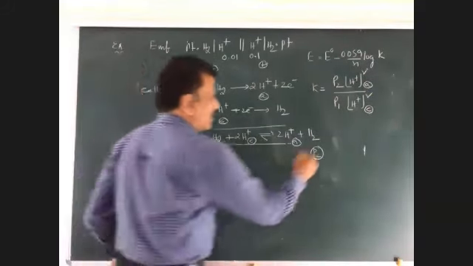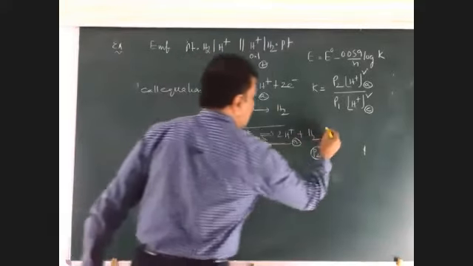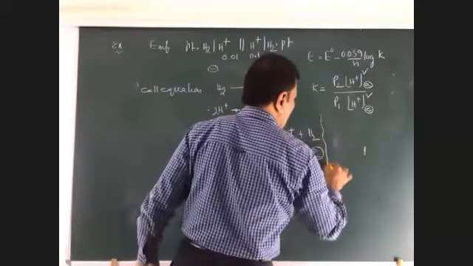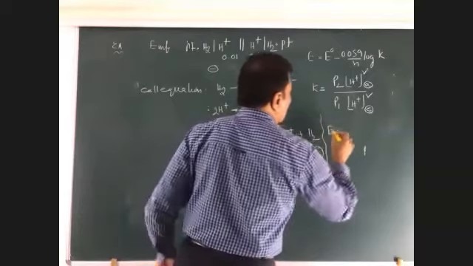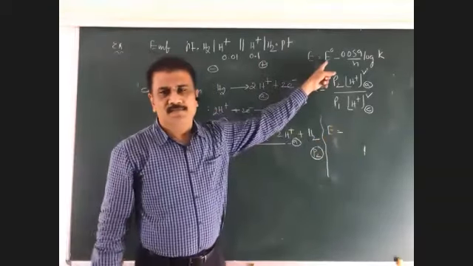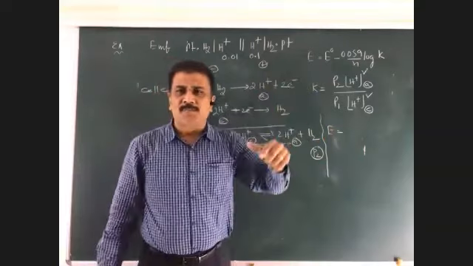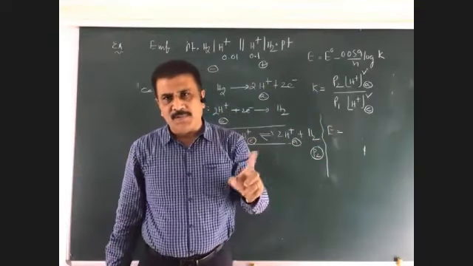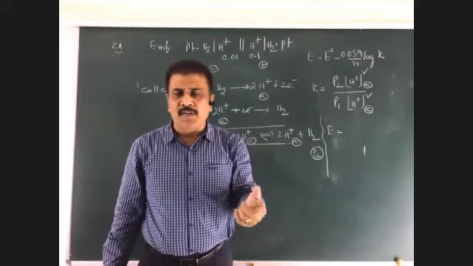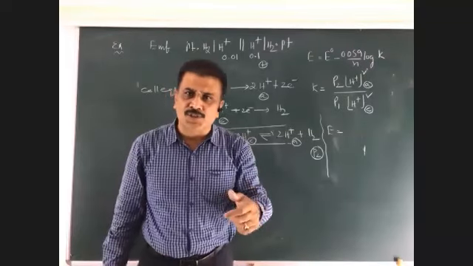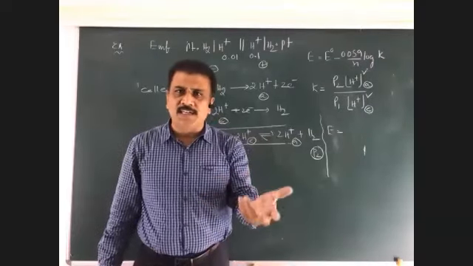Now we have to write E is equal to... what is the E naught for hydrogen electrodes? SRP of cathode minus SRP of anode. Standard potential of hydrogen electrode is 0. Whether it is anode or cathode, standard is 0.